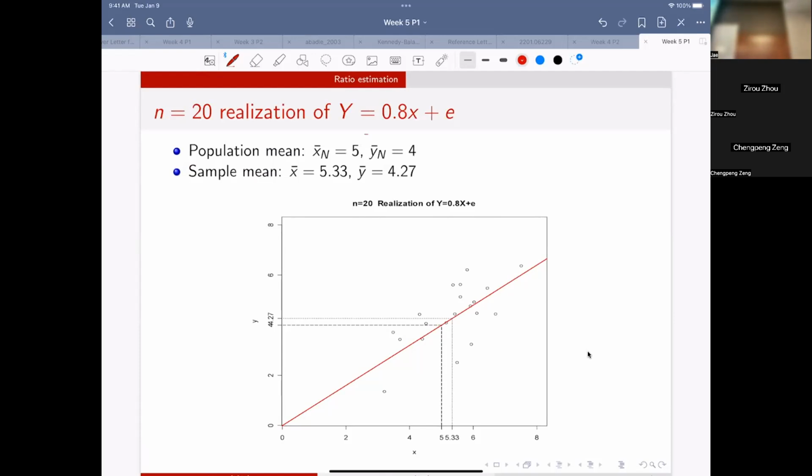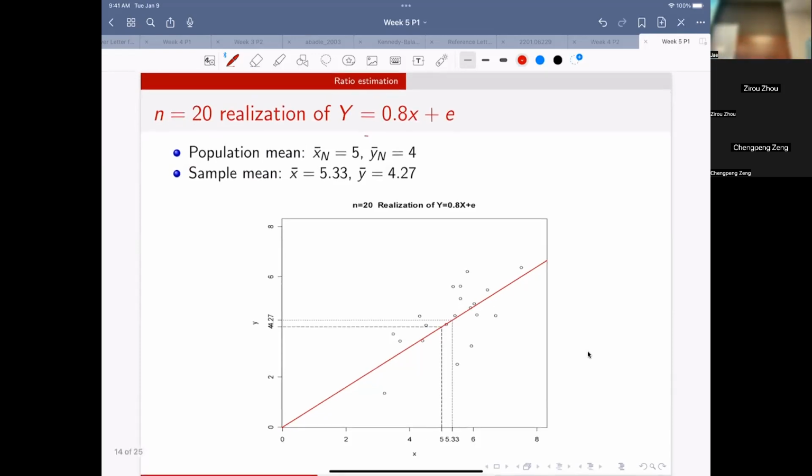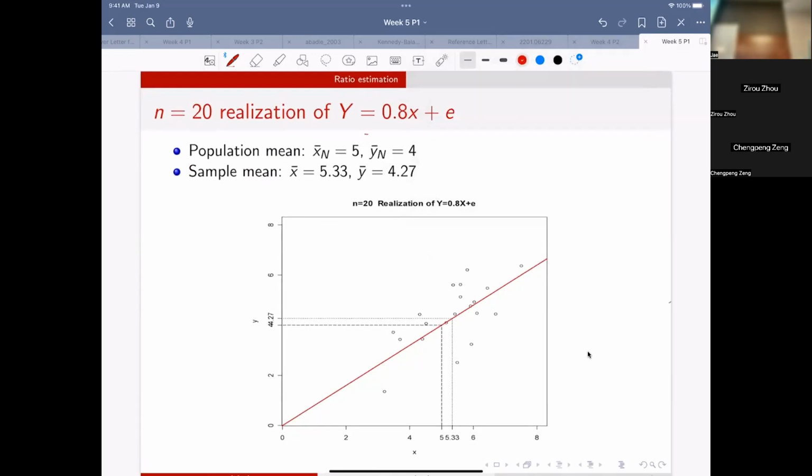In this case, suppose my population mean of X is 5, so this is X bar N. That means I generated a sample from a model with mean 5. But my sample has 5.33.